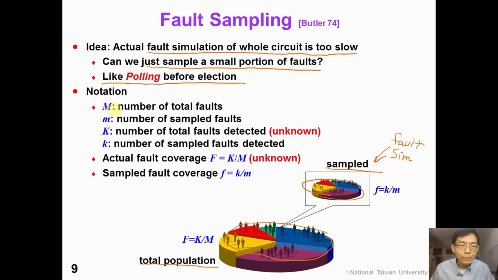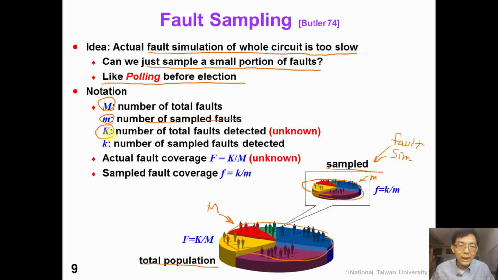So, suppose that big M represents the number of total faults, that is the size of the total population. And the small m represents the number of sampled faults, that means the size of this small sample pie chart.